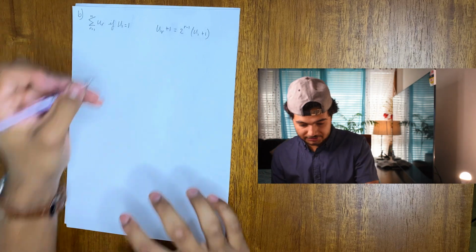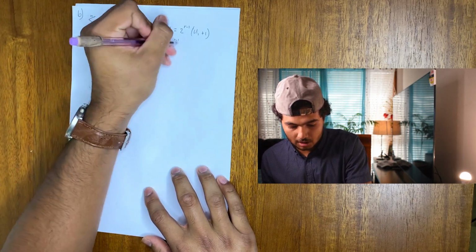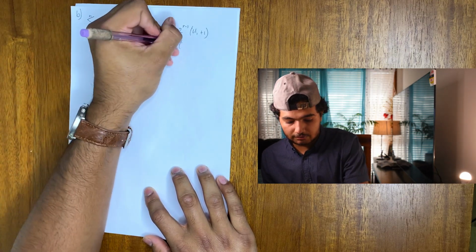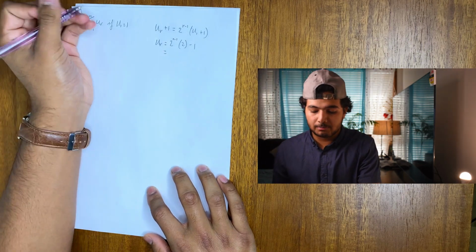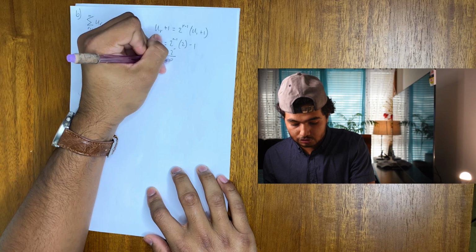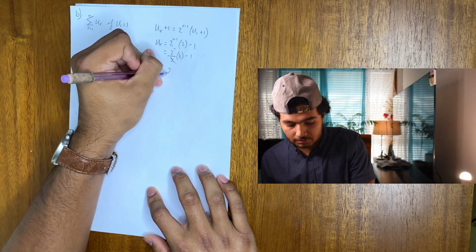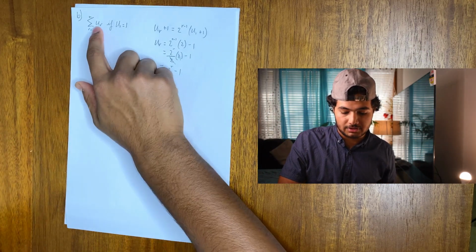Minus 1 from both sides, we get u of r equals 2 to the r minus 1. But it says u of 1 equals 1. So we have 2 brackets minus 1. Further simplify this, we get 2 of r upon 2 multiplied by 2 minus 1. 2 goes, you have 2 of r minus 1.